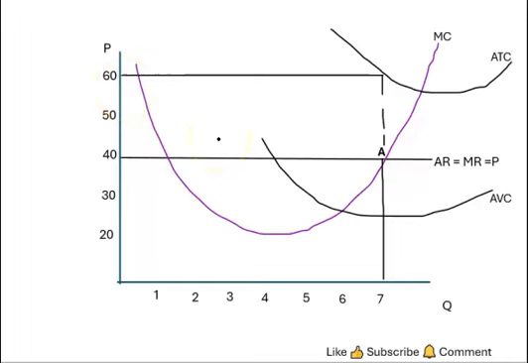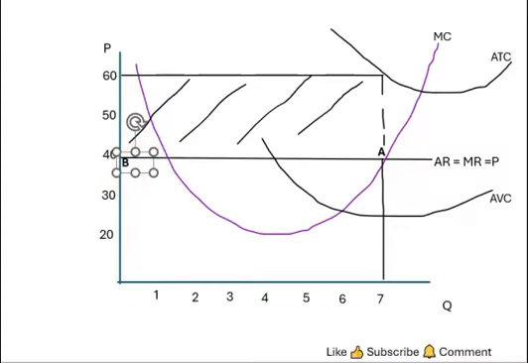And this shows the loss that the company has made. It is this rectangle here, and we can also label it A, B, C, D. And we can say the company has made a loss of A, B, C, D.